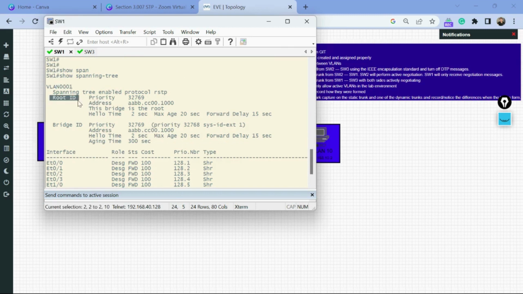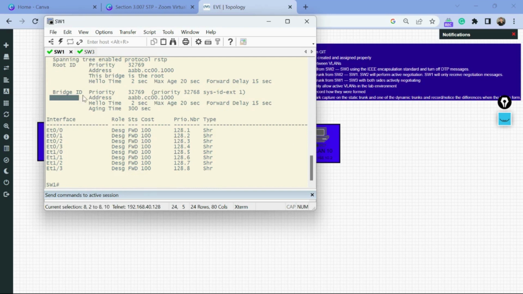Well, it gives us a lot of information here. The root ID, which is what the root bridge advertises, and it tells us here that we are the root. We see that hello time we talked about and that max age, which is times 10. And then we see the bridge ID. So this is our bridge ID, right? The one we send out. And we also happen to be the root ID as well.